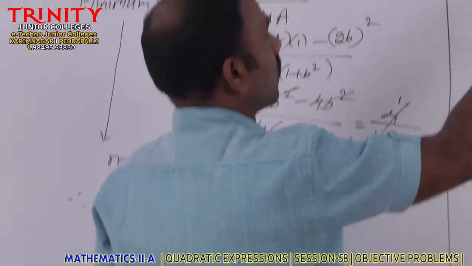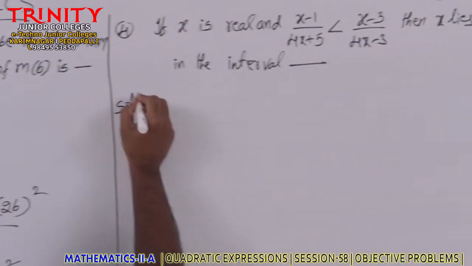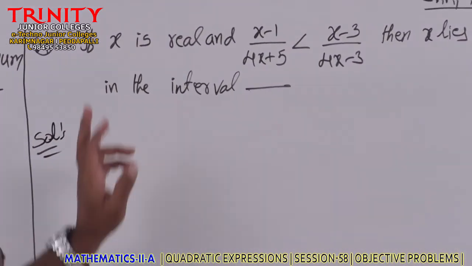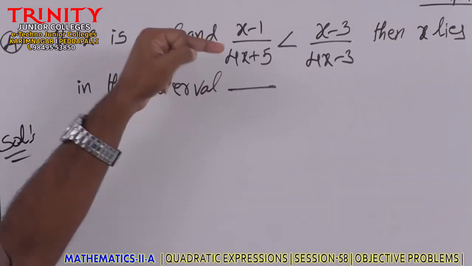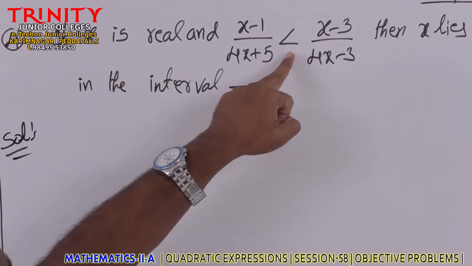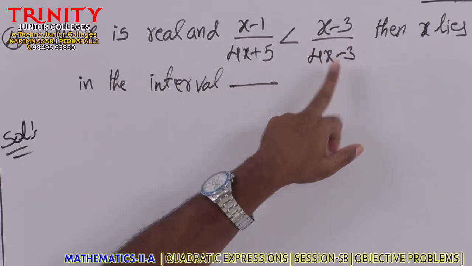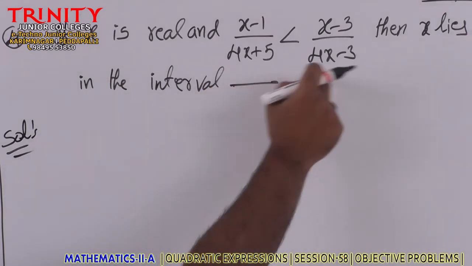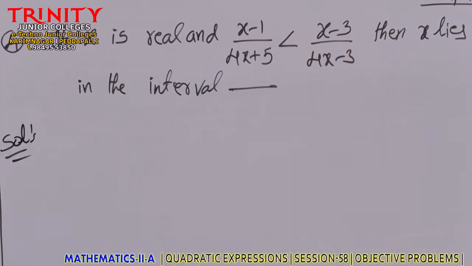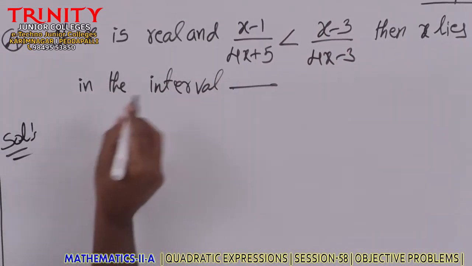Then next comes another problem. If x is any real number, and (x minus 1) by (4x plus 5) is less than (x minus 3) by (4x minus 3), then x lies in which interval? Express this in quadratic form and take it into one inequality.